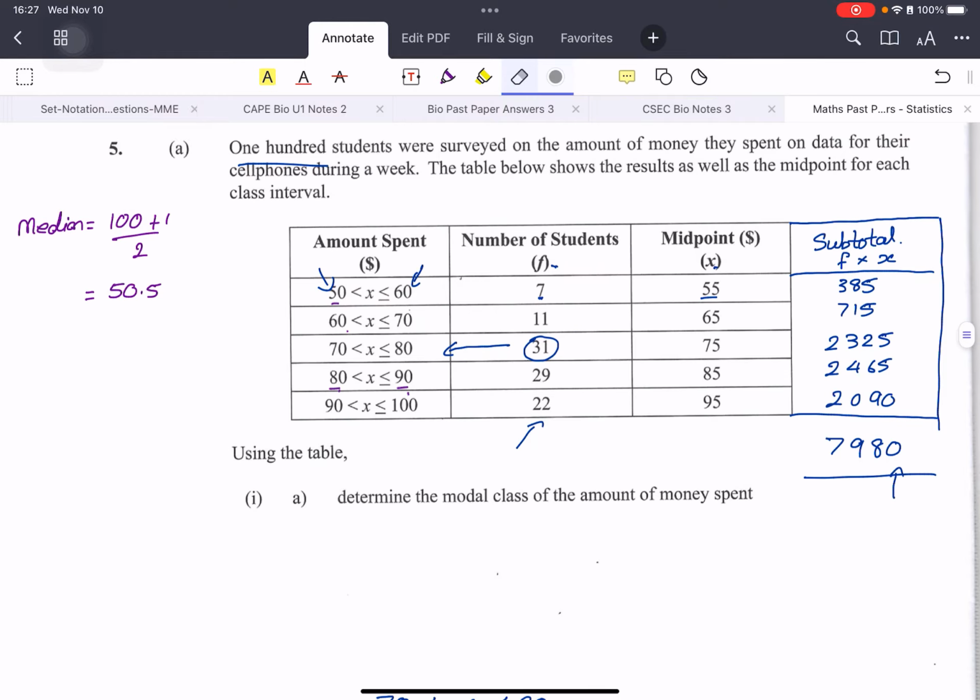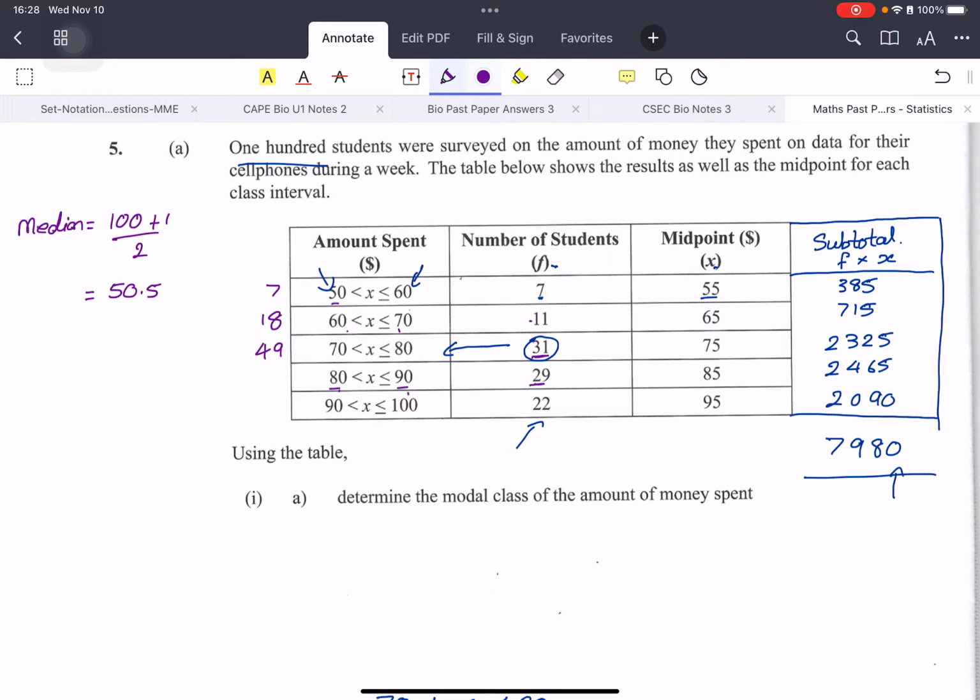Okay, so let's do it again. This would be the first 7 students here, spending between 50 and 60. The next 11 students to make 18 would have spent less than $70. The next 31 students would have spent less than $80. And if we add 31 to 18, we'll get 49.